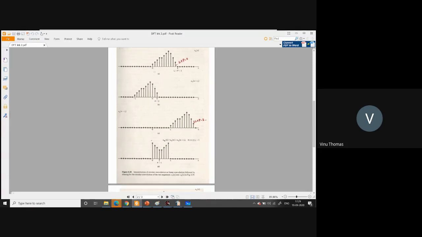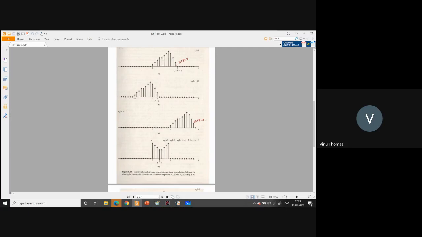However, you see that the 4th sample is the same. That is, sample P minus 1 is the same for both the linear convolution and the circular convolution sequence. So sample P minus 1 is correct. The next samples are also the same.